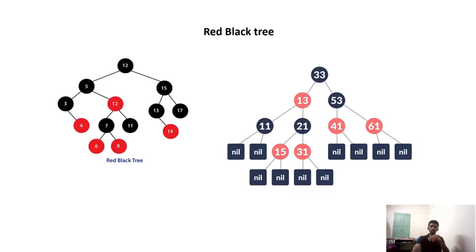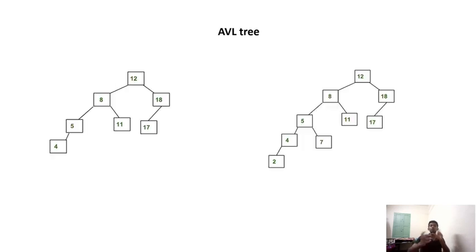One more thing to add about AVL trees: what do we need to do if a tree is said to be unbalanced? We have to get it to balance, right? For that, we use the concept called rotation. Here, the left subtree of the node 12 is very much greater than the right subtree, right?